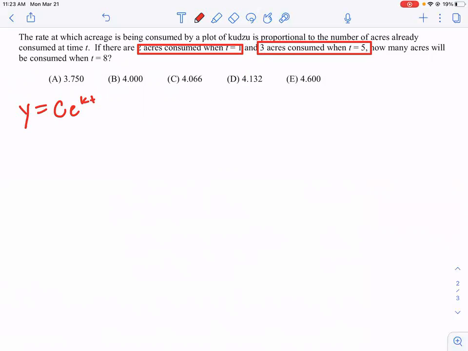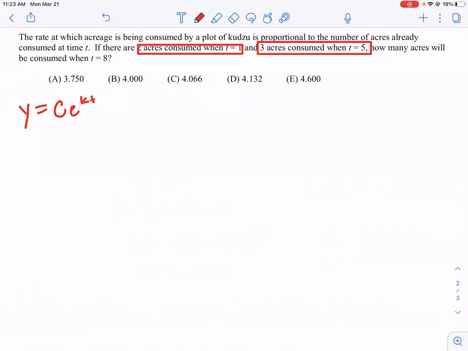It doesn't matter to our problem. Can we fill anything out with C or K? No, but we need both C and K in order to figure out how many acres will be consumed when t is 8.